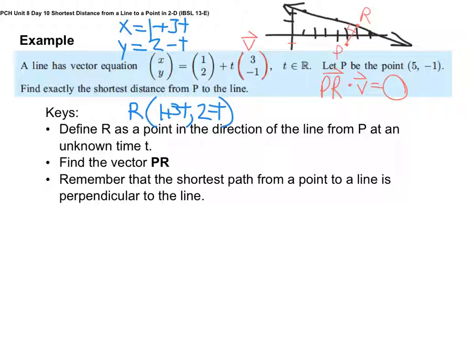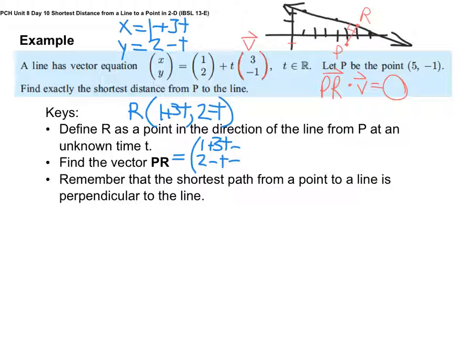vector PR. If you remember, to find the vector between two points, you take the coordinates of the point you're going to, in this case 1 plus 3t and 2 minus t, and you subtract the coordinates of the point you're coming from. We're coming from P, which is (5, negative 1).